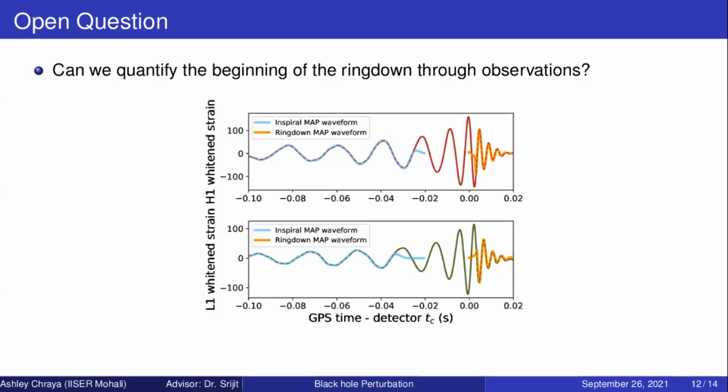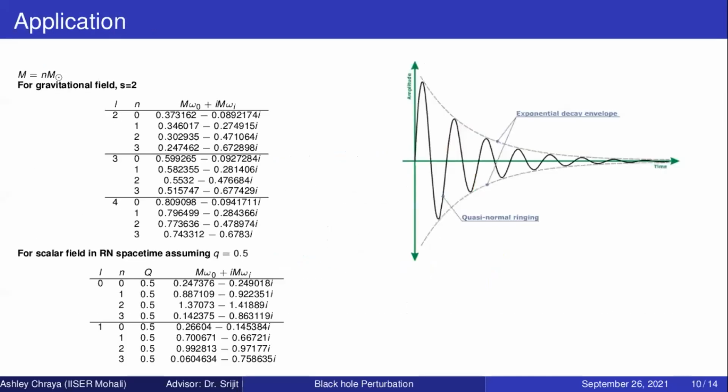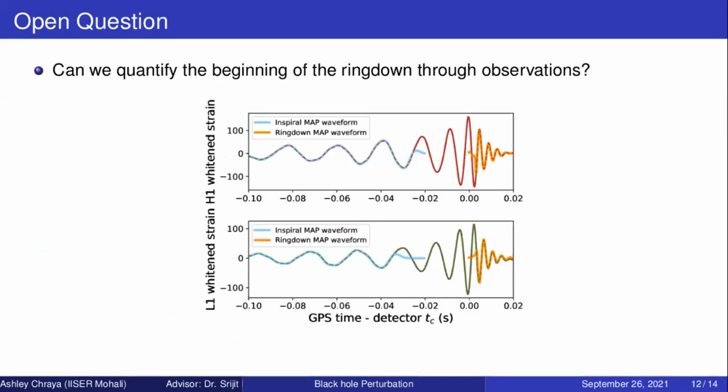So this is what they are trying to find. In one paper they are suggesting that we have different modes of these omega values. For different modes, they are putting these different values from the starting of the ringdown phase. That is, when the merger is ending, they are putting in the overtones, and at the last they are putting in the fundamental mode, and they are getting the same waveform.